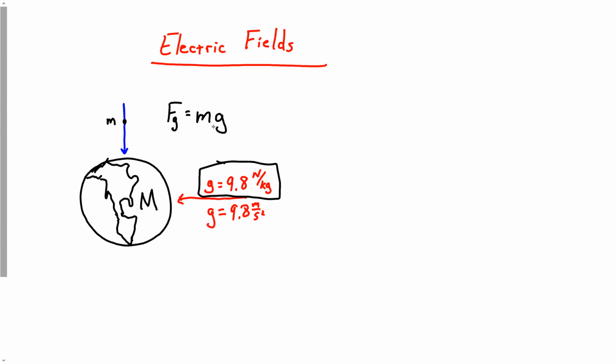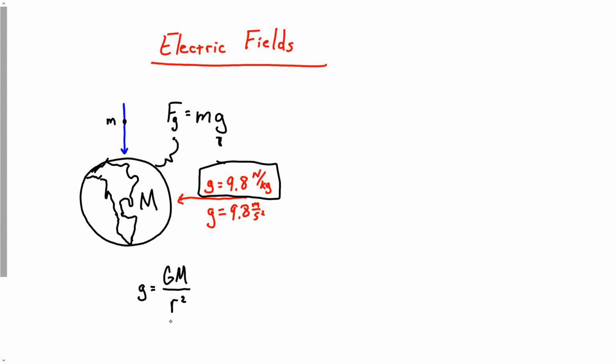And so the thing is this: if gravity is a field, it changes as you get farther away from the Earth. That gravitational field strength changes. We have an equation for that in physics. Little g is equal to big G times the mass of the object divided by the radius squared.